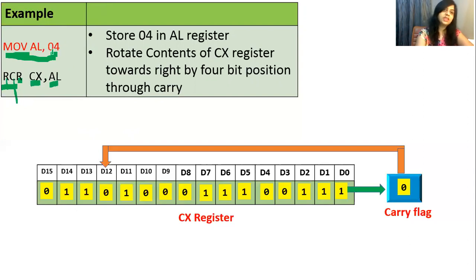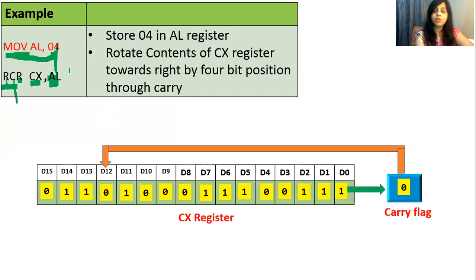If AL holds 03, it will rotate it 3 times. If AL holds 02, it will rotate it 2 times, whatever AL holds. Here, since AL holds 04, it will rotate the contents of CX towards right by 4-bit position. Suppose you want to rotate by 5-bit position, then enter 05 into AL register.